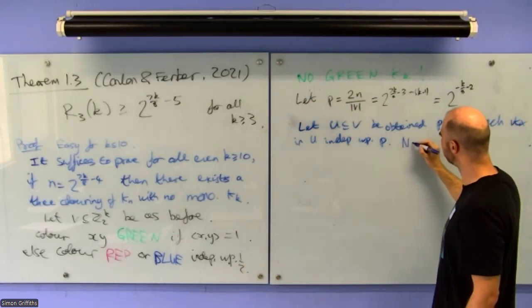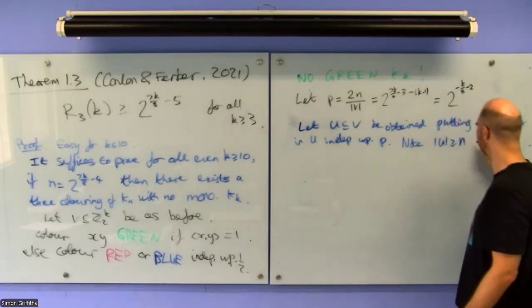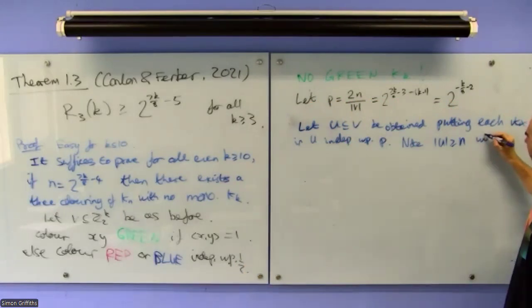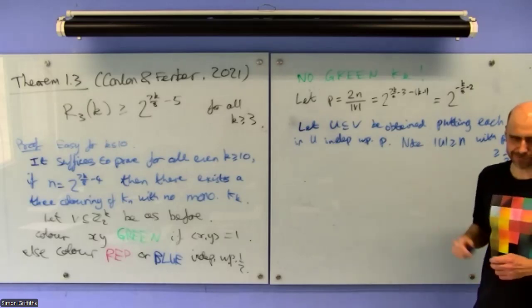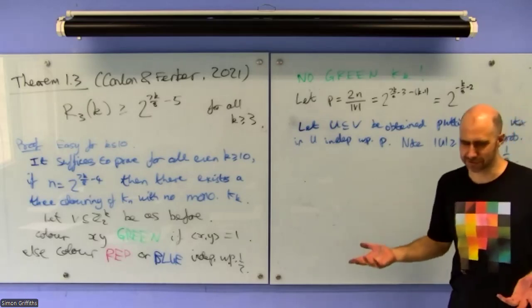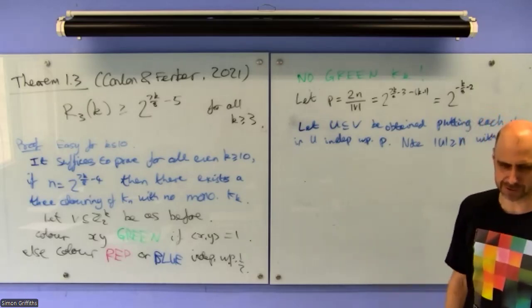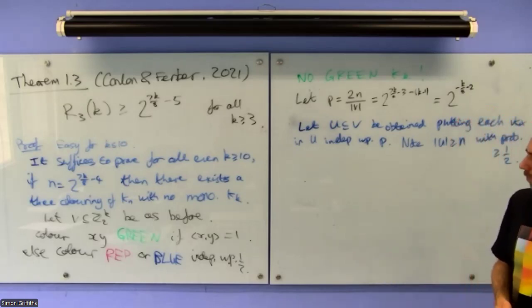And I'll just note, U has size at least n with probability at least a half. If k is large, this would actually converge to 1 and all that. But this is enough for what we need, because when you just need existence, it's going to be plenty as long as the probability of a clique in the other colours is small enough.